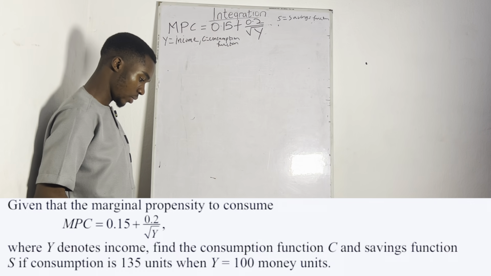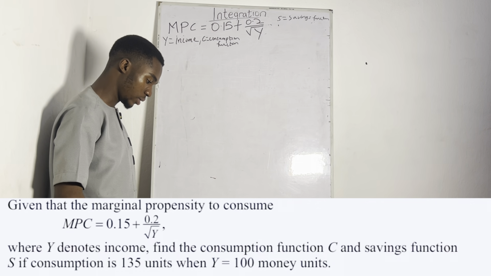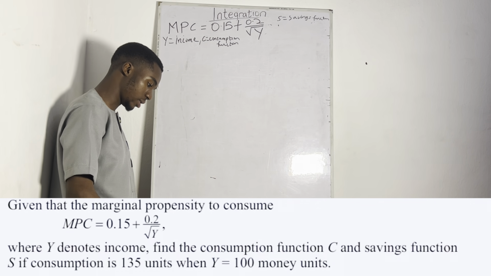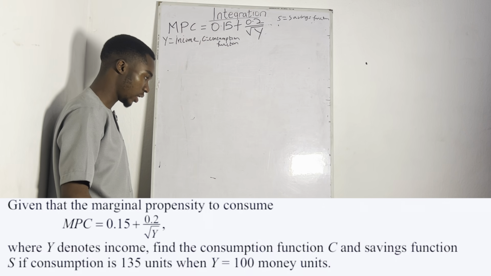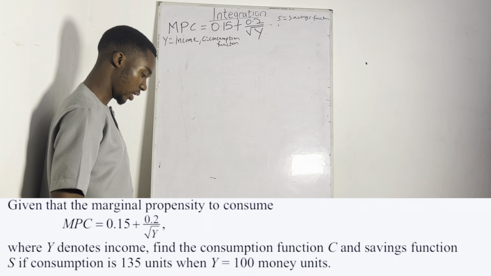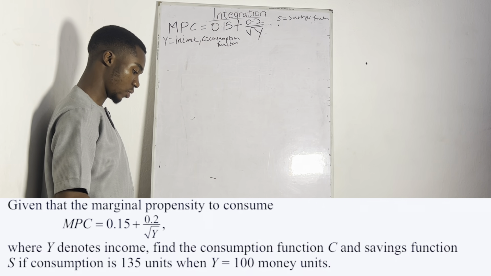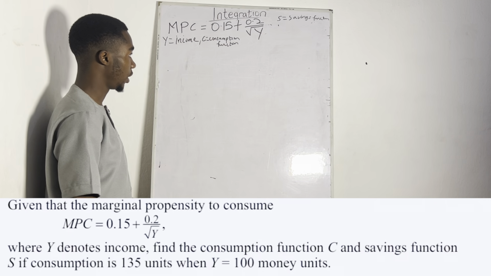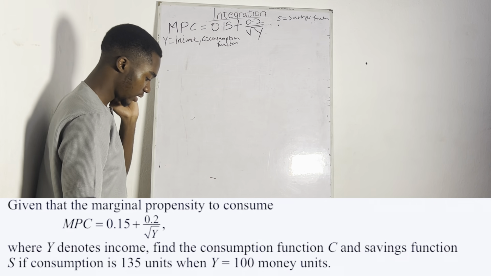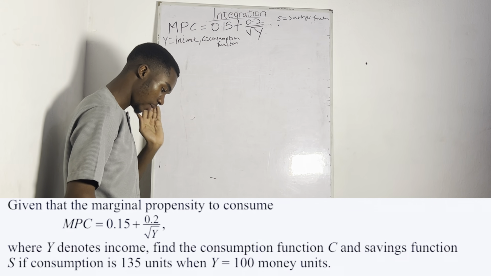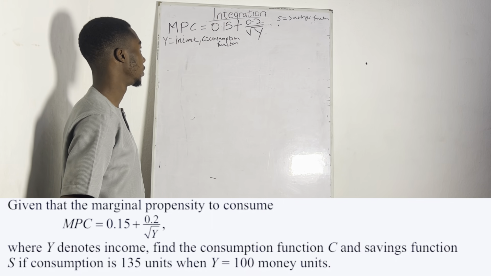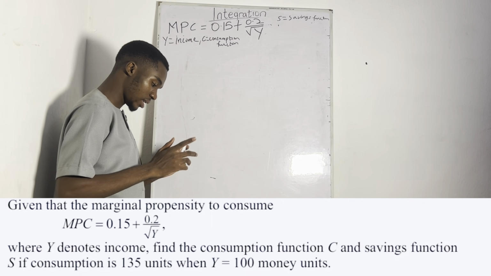All right. So where Y denotes income, find the consumption function C and savings function S if consumption is 135 units when Y is equal to 100 money units, when the income is equal to 100 money units. But the first thing they said you should find is, find the consumption function C. Now let's understand the question.